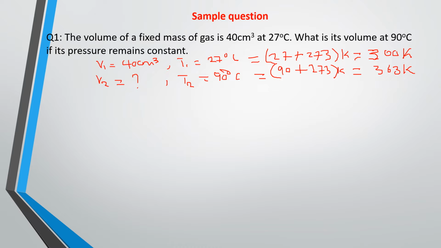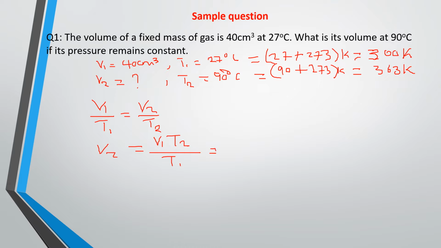Writing that equation down, you have V1 over T1 is equal to V2 over T2. V2 is what you are looking for, so we make V2, the unknown, the subject of the formula. Your equation becomes V2 equals V1 times T2 all over T1.